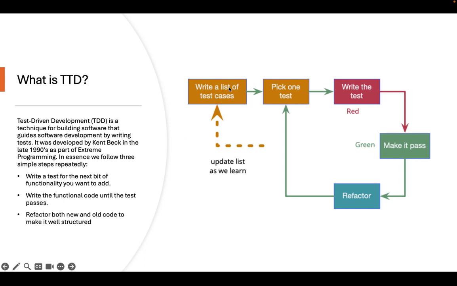It has write a list of test cases, then pick one test, and then write the test; if it's red, and then if it's good, it'll pass, and then it'll be refactored, and then you'll start that circle over again. We can update the list as we learn, so that's pretty good.